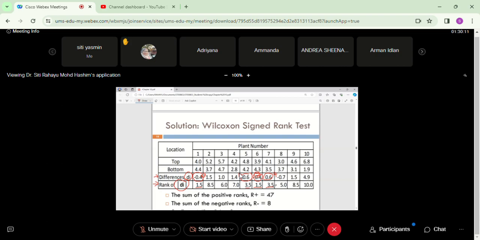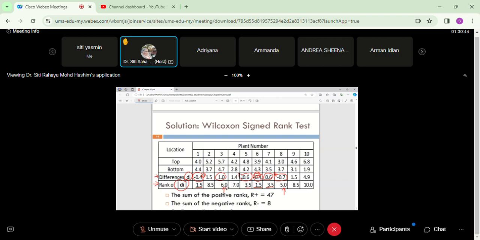Okay, so the next ranking will be ranking 5. The next lowest is 0.7. Thank goodness there is only one 0.7, so we can put ranking 5. The next lowest is 1, and also only one 1, so the ranking is 6.